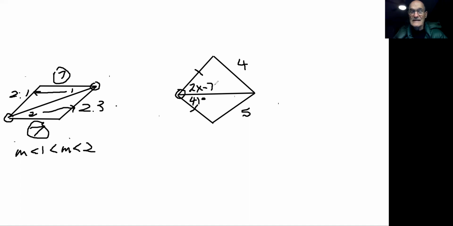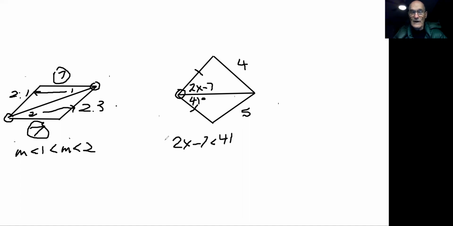So that means this angle here, which is 2x minus 7, is less than 41, because the 4 is less than the 5, so that means this angle is less than this angle.